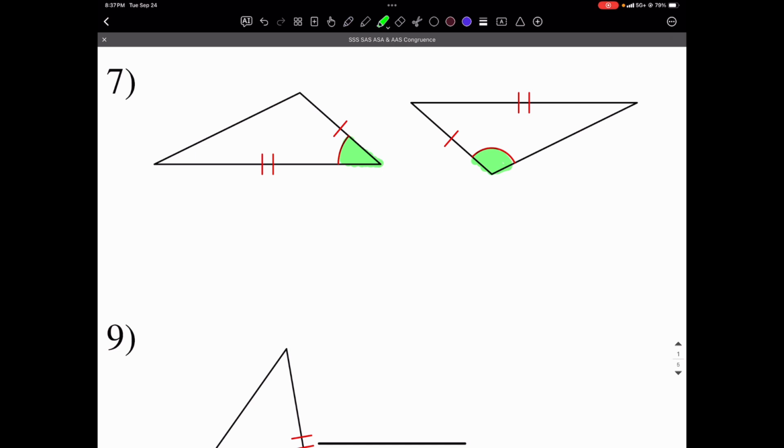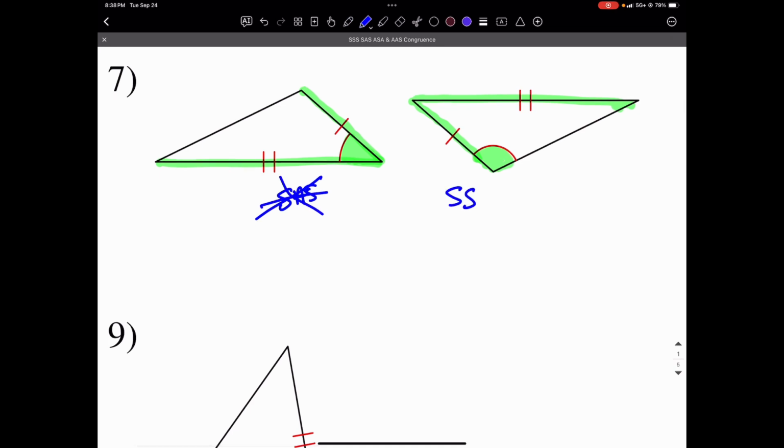And I just know how the software that makes these things works sometimes, this is one of those glitches. But nevertheless, you have a side here and an angle and then another side. But over here, you have a side, then an angle. So these do not match. This would be a side angle side if the other one would match. But since it doesn't, and this is side angle, there's no congruence here.